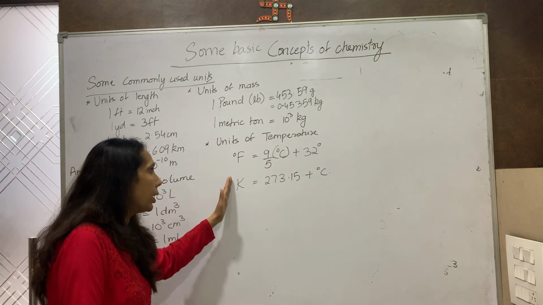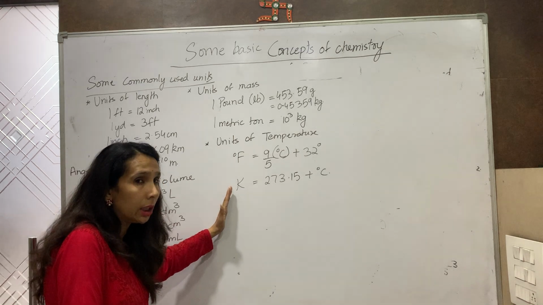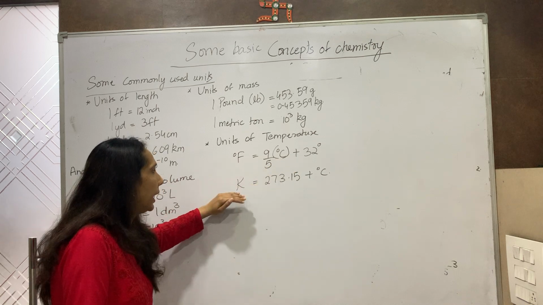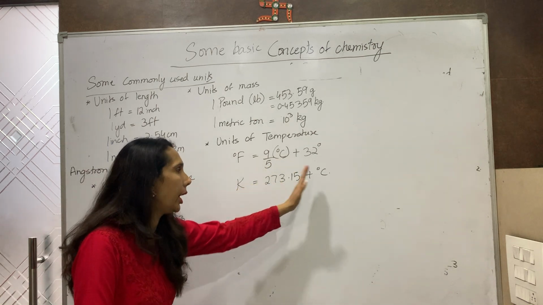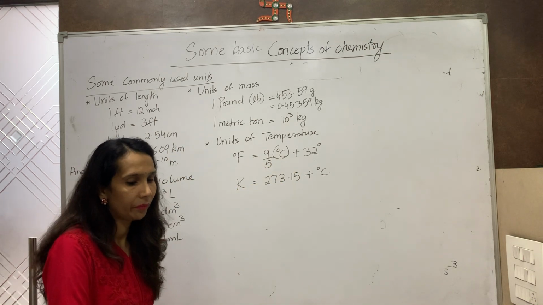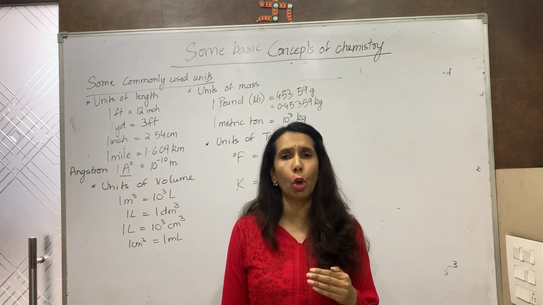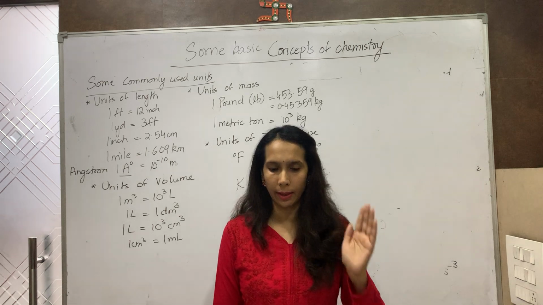These are the different units of temperature that we have also done earlier. This is how Fahrenheit can be converted into degree centigrade, Kelvin into degree centigrade, or vice versa. So we have done with some of the commonly used units.